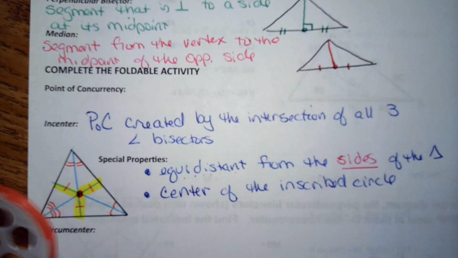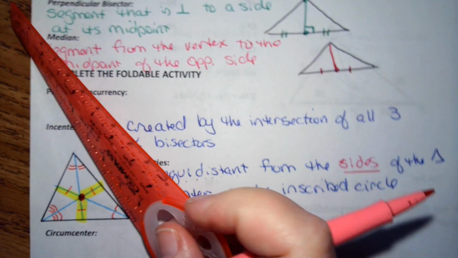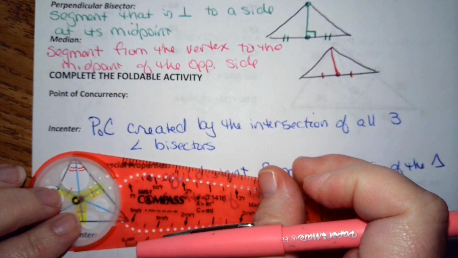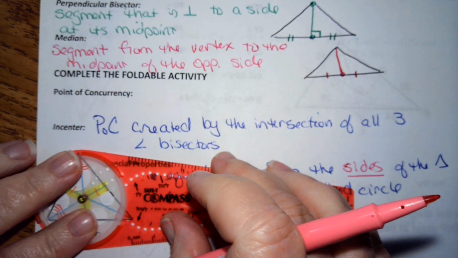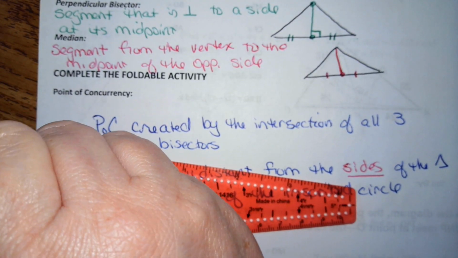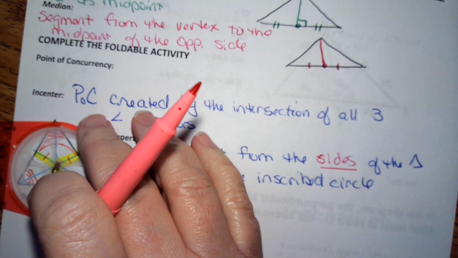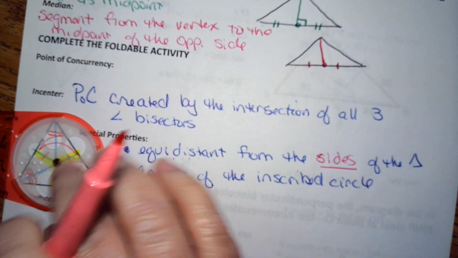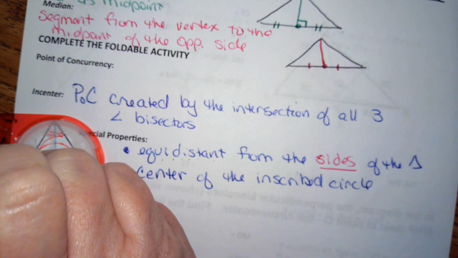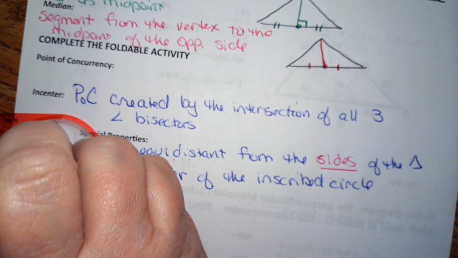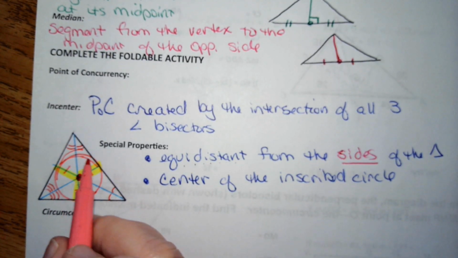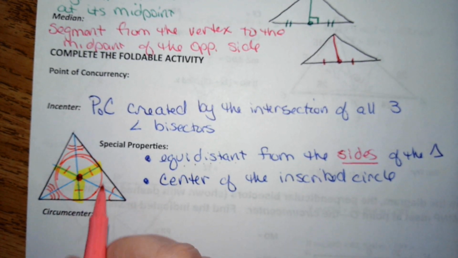What it means by inscribed circle, if I take my compass and I draw a circle, you see how this circle is formed on the inside.